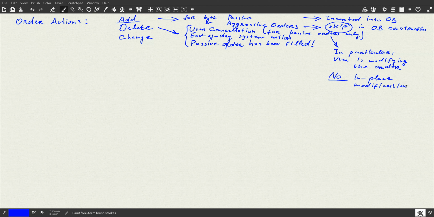But most exchanges, including Moscow Exchange, do not allow it to be done in place either. So there is no in-place modification in any case. Modification is a sequence of cancel, which is delete, obviously, plus new order, which is add.